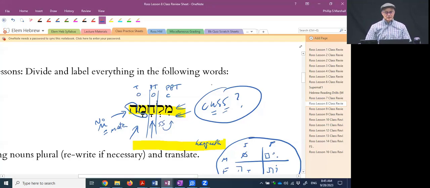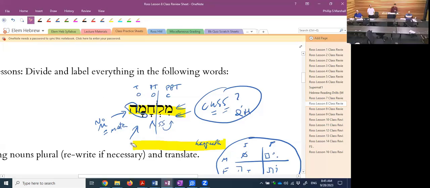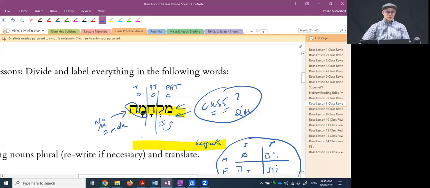Yep. Neither of those syllables is closed, so they can't be cuss. If they were cuss syllables, they would be kamets ketuf, right? If it's not a cuss syllable, I assume it's what? Kamets. That's right. So I've got 2 cues here for kamets. Okay, good. Any questions there?